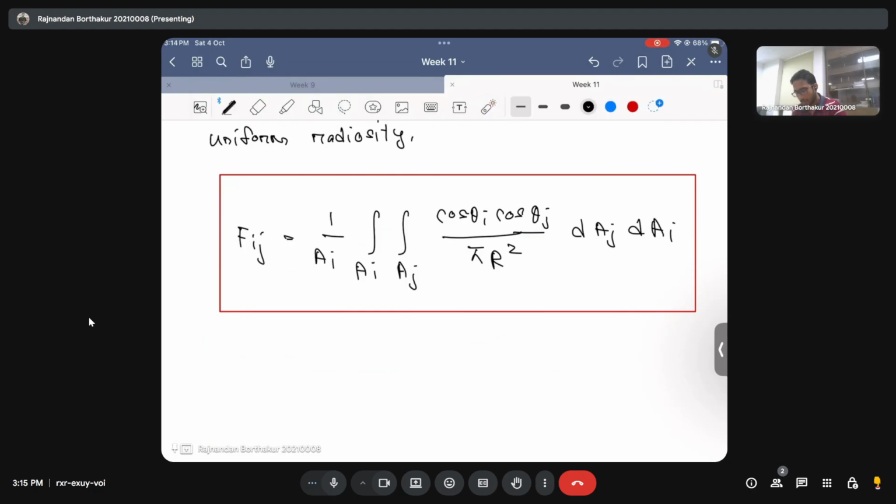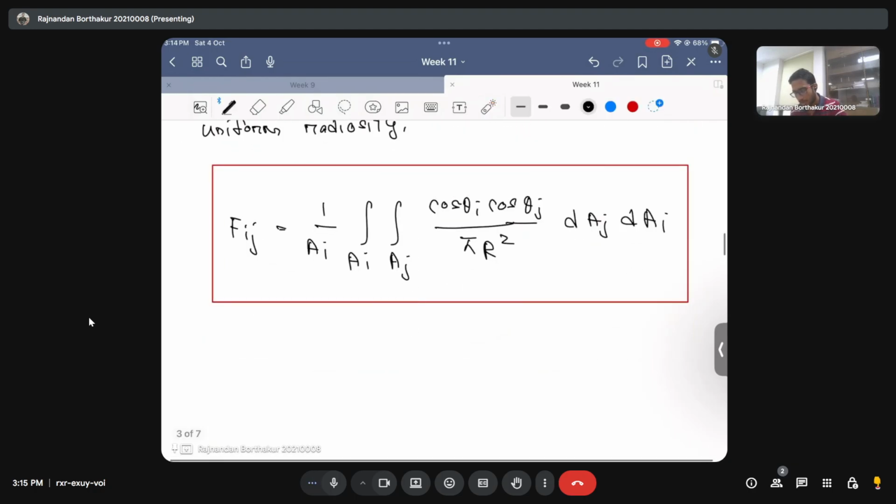Similarly, this Fij is nothing but the fraction of radiation that leaves surface i, which is intercepted by surface j.